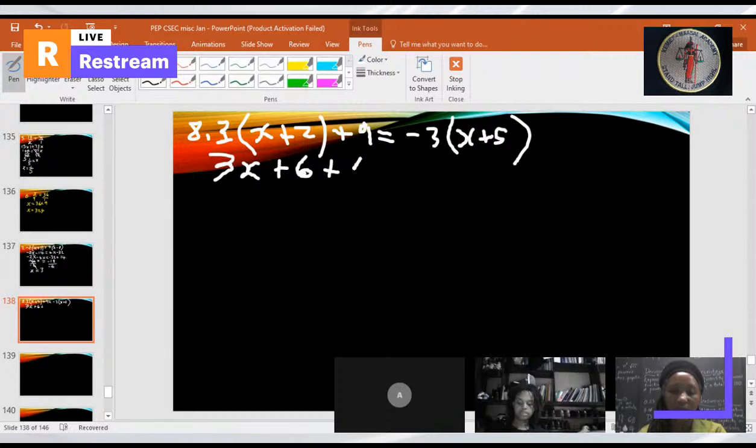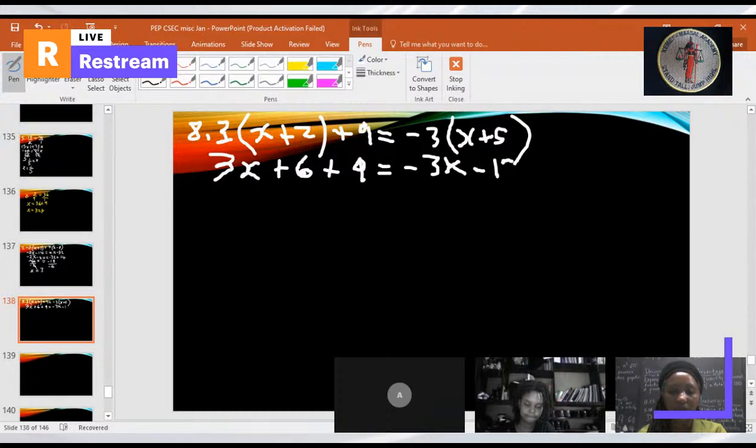And the other bracket is negative, so negative 3 times x is negative 3x, and negative 3 times 5 is negative 15.